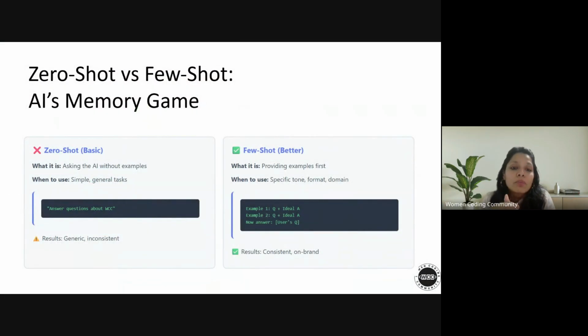Let's talk about the first prompt pattern, the zero-shot prompt pattern. It's very basic. In the example here, you are asking the AI without any examples.